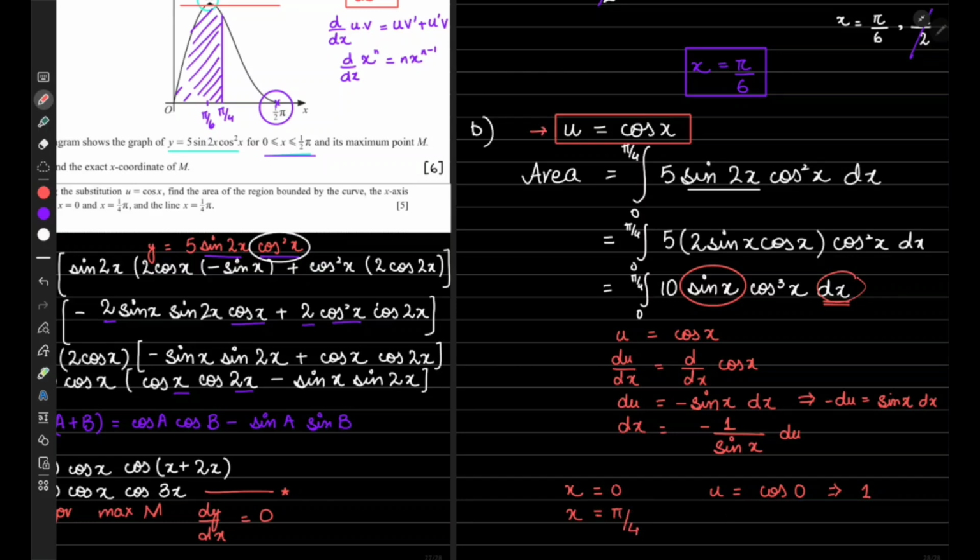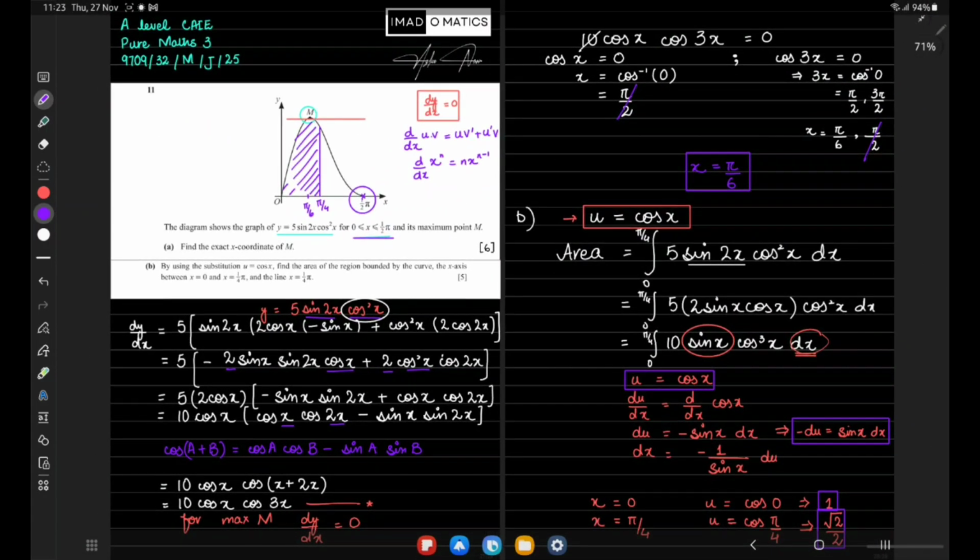You substitute in the original given substitution, it will be cos of pi by 4, that gives you root 2 over 2. So now these are your new limits, from 1 to root 2 over 2, and secondly you need to substitute u to be cos x and sine x dx to be minus du. So let's take that.